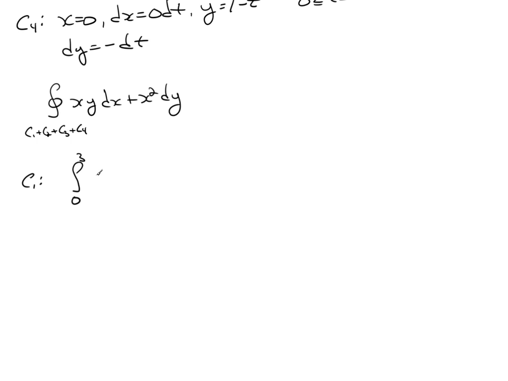Well, x was t, y was 0, dx was just dt, doesn't matter because that 0 is there anyway, plus x squared, well, x was t, so this would be t squared, dy, and dy was 0 dt. So this whole thing is going to be 0. So I didn't have to worry about that. Now C2, that piece that went up, I'm going to integrate this from 0 to 1.